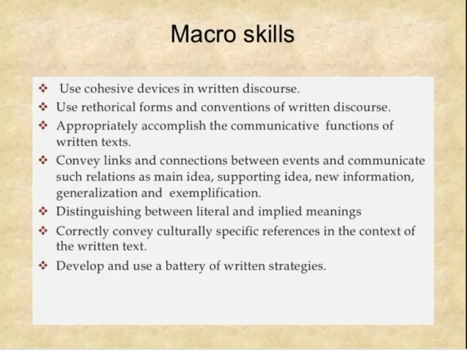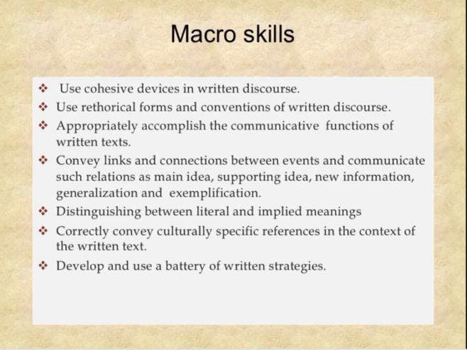Macro skills, on the other hand, are further skills and strategies that are required in order for a student to be able to convey the meaning that they want to communicate in their writing. Macro skills involve: use cohesive devices in writing discourse. Use rhetorical forms and conventions of written discourse.